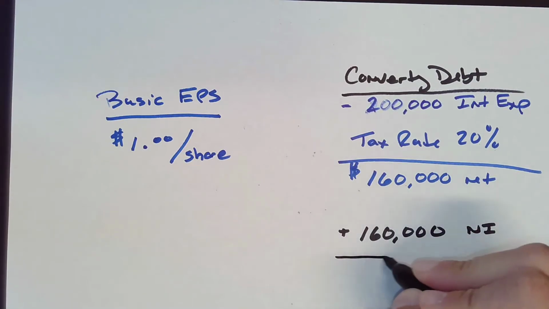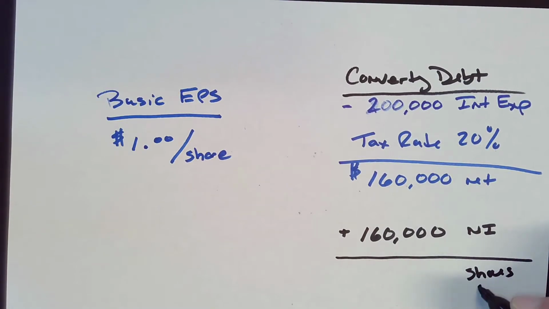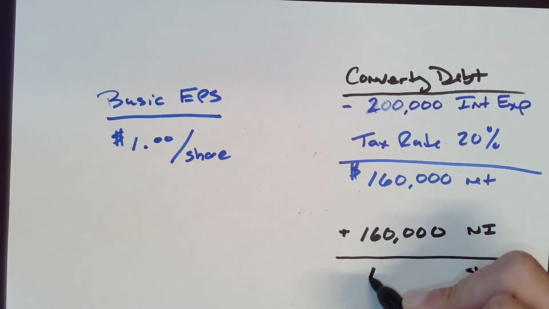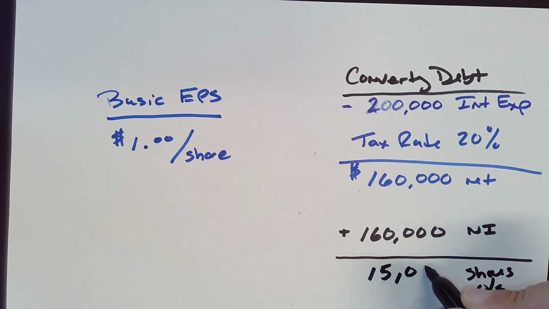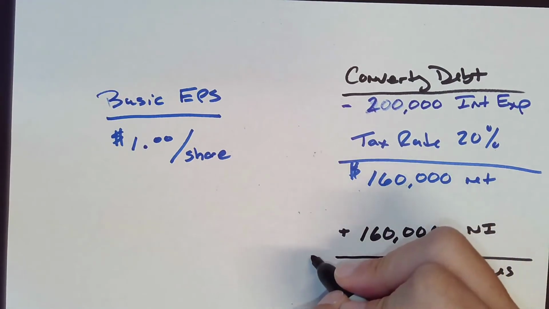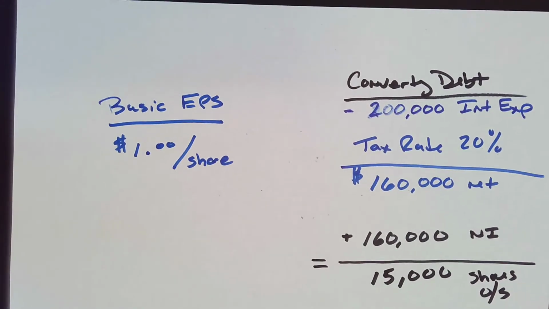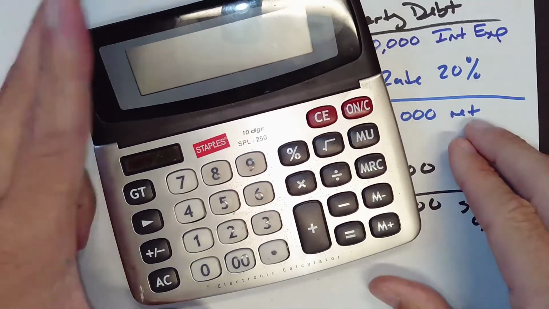So this increased shares outstanding by 15,000. Okay? So if I just do the calculation here of 15,000, I'm going to have to pull out my calculator. Here we go. Let's get the calculator out. We're going to take the calculator, right? And we're going to actually do this.